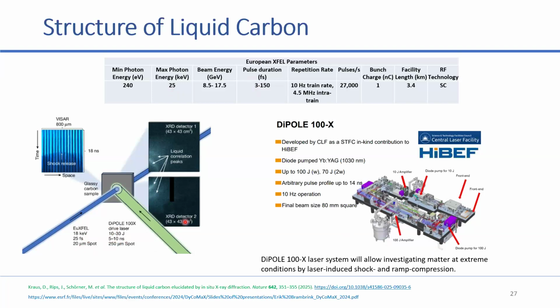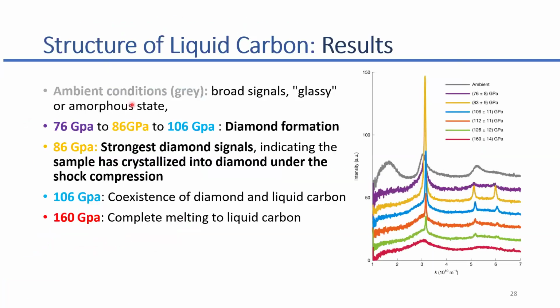What we were able to see is that in ambient conditions we have a broad amorphous glassy carbon. As we increase the pressure, we can see that around 76 GPa to 105, 106 GPa, we have diamond formation as we begin to compress.